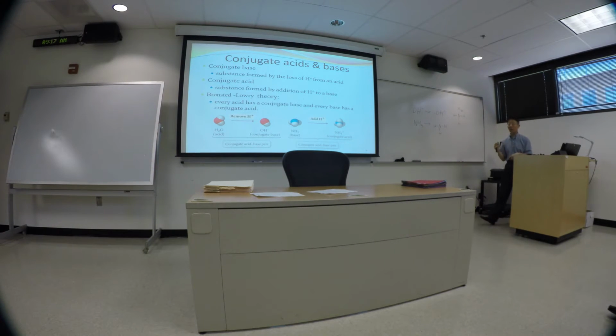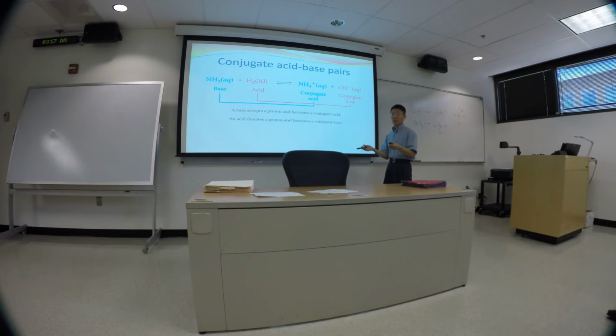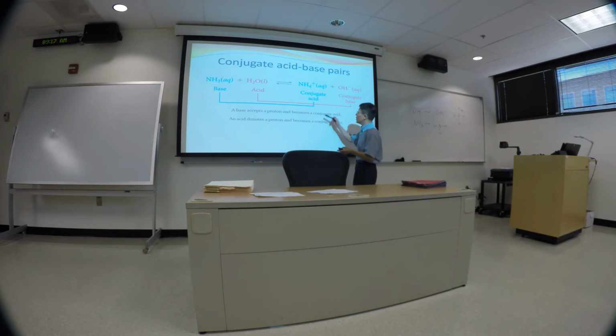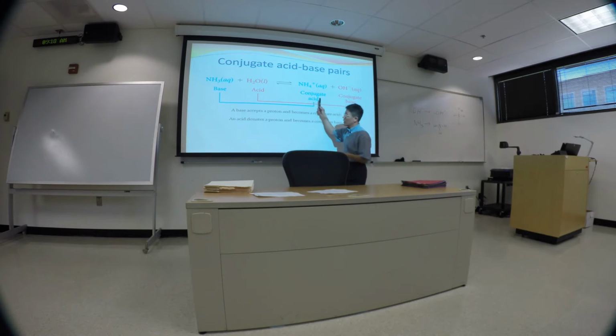So the Bronsted-Lowry definition of acid and base indicates that every acid has a conjugate base, and every base has a conjugate acid, and they all come in pairs. In this case, if you dissolve ammonia in water, you end up with ammonium hydroxide. This is a base, and you have its conjugate acid.